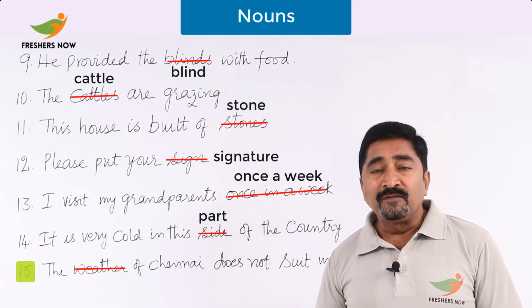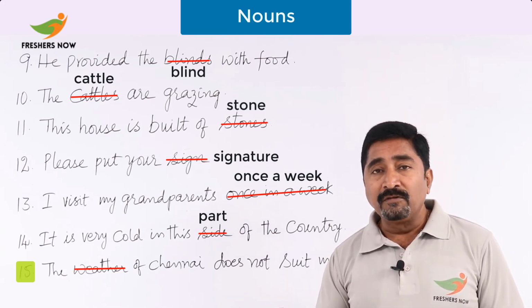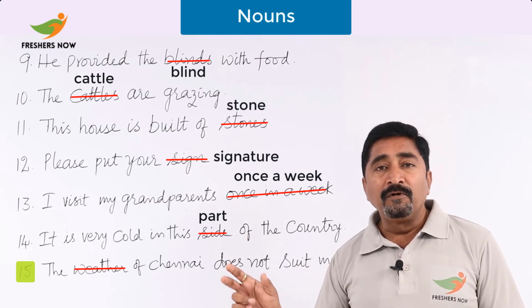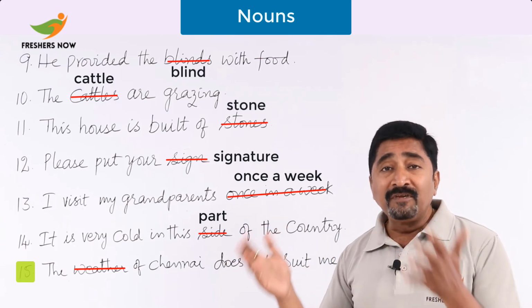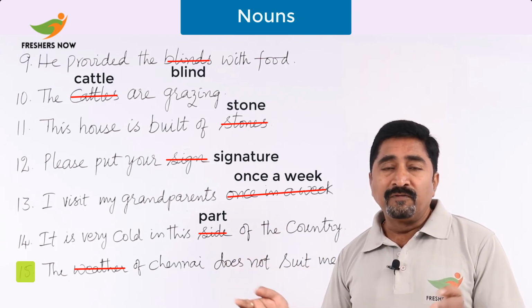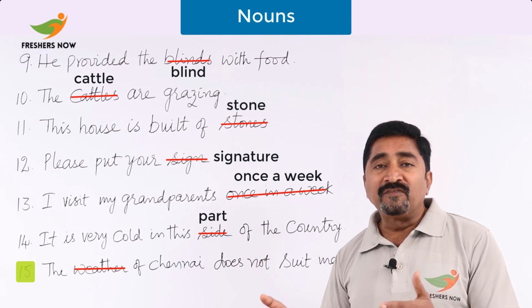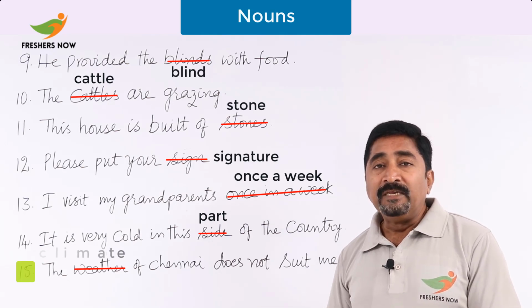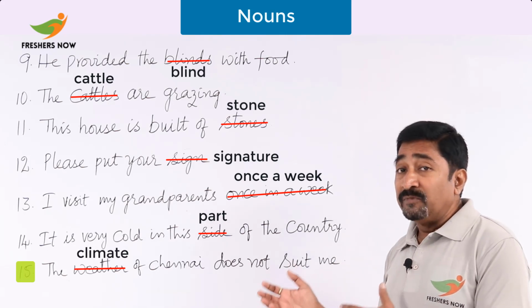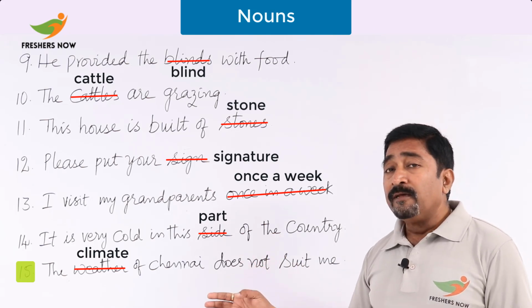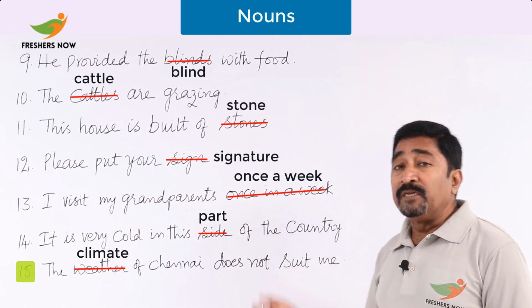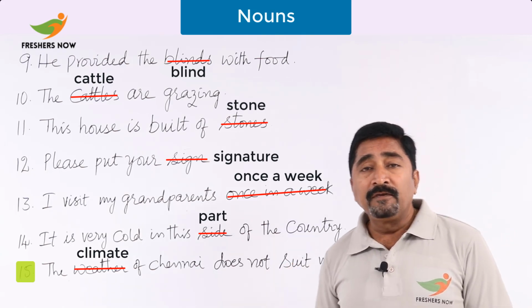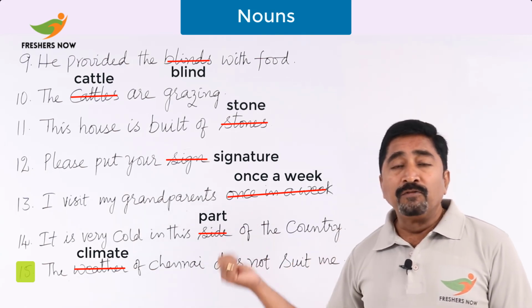Weather indicates the changes in a short term, whereas for a whole sum of some time that the changes occur in the atmosphere, we say it is climate. So here you should say, the climate of Chennai does not suit me. So I think here you follow the sentences very clearly.